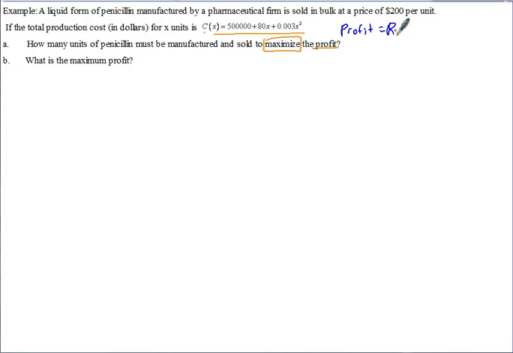is the revenue, which is the amount of money you generate by selling something, minus the cost, which is how much it costs you to sell that something. So, to figure out the revenue, when you're just selling some product, simple equation of that would just be the price per unit, how much you're charging for each thing, times the number of units sold.